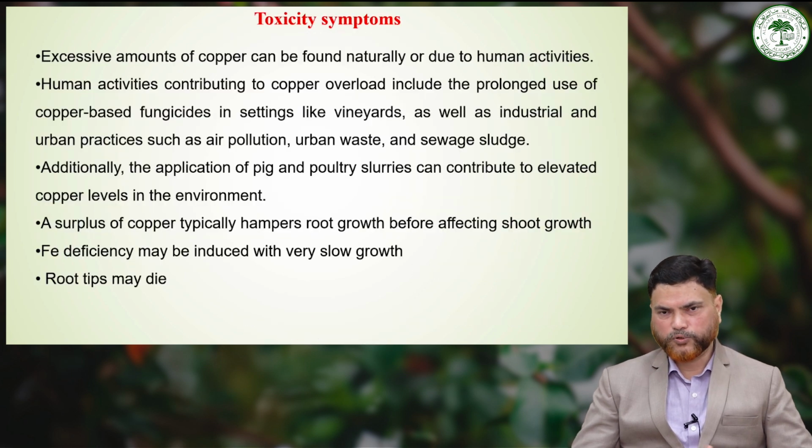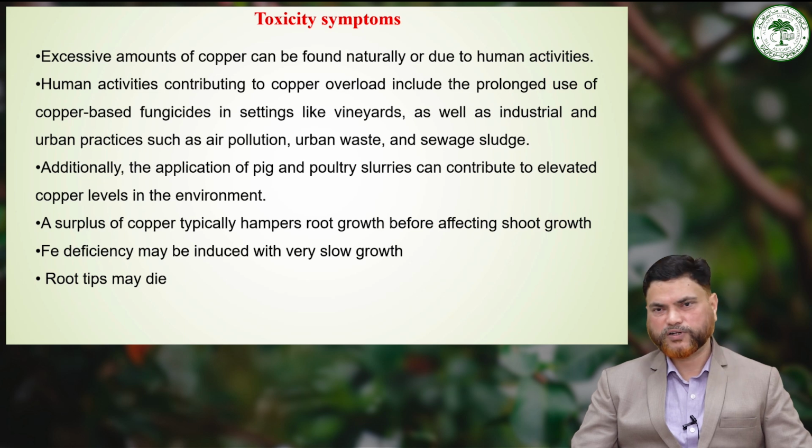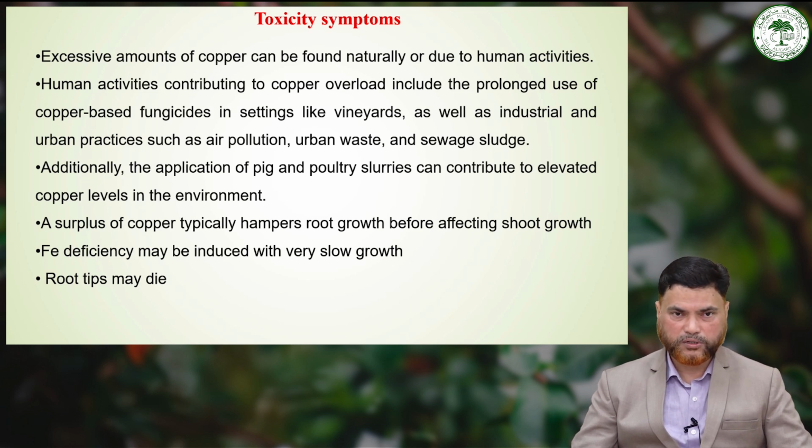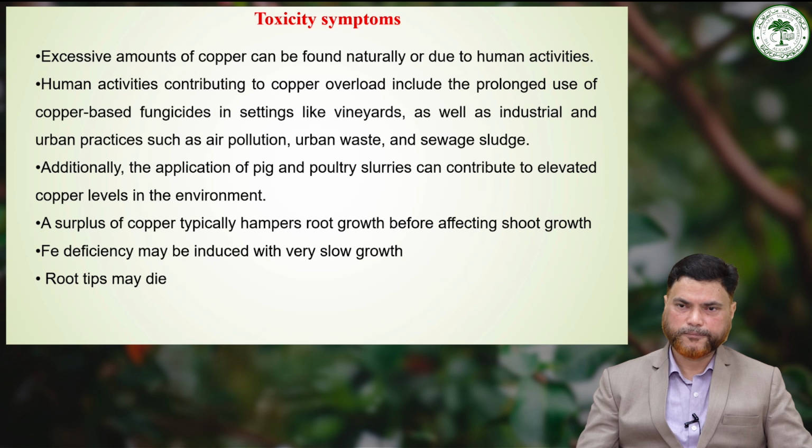Now, opposite to the deficiency, what are the specific toxicity symptoms? Excessive amount of copper could lead to various kinds of adverse effects in the plant, and various copper based fungicides used in agriculture, particularly in vineyards, could lead to various kinds of toxicity symptoms.